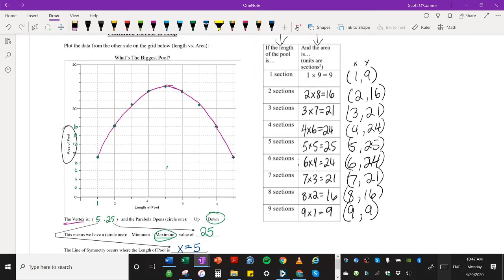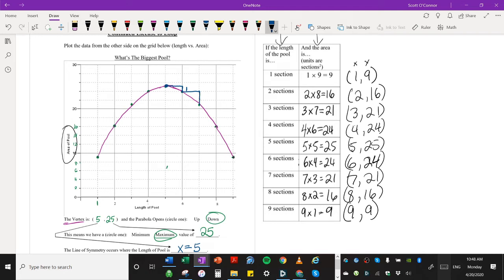If I were starting from the vertex, and we're always starting the step pattern from the vertex, I made a step to the next point. How much did the y value, in this case, decrease by? It decreased by 1. Let's do another step from this point to the next point.